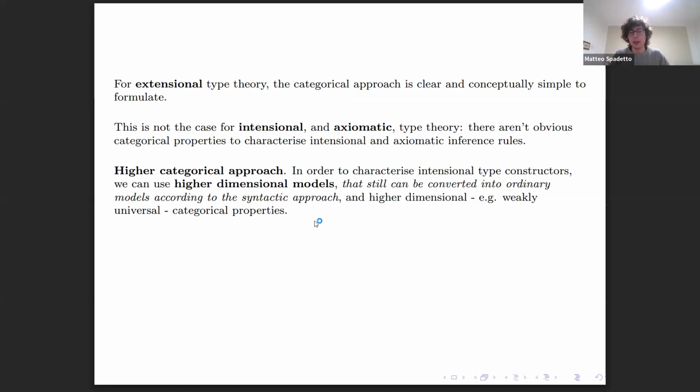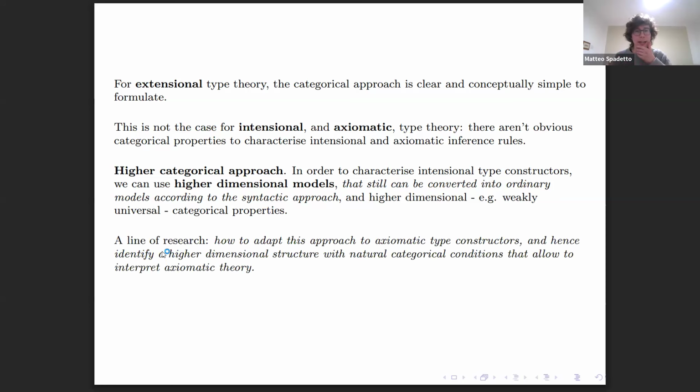What I mean is that once you add the dimensions, you can have more fine-grained properties to require for the display maps in your model, in such a way that you capture intensional identity types, intensional pi types, without making them extensional.